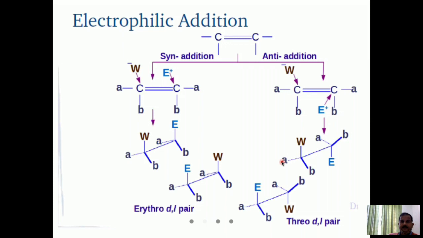We can see here, in syn addition, both will attack from the same side, electrophile as well as nucleophile. Both are going to form a bond from the same side. In anti addition, the electrophile attacks from the back side and the nucleophile from the front side. So both are in opposite orientation. So this is syn addition, this is anti addition.